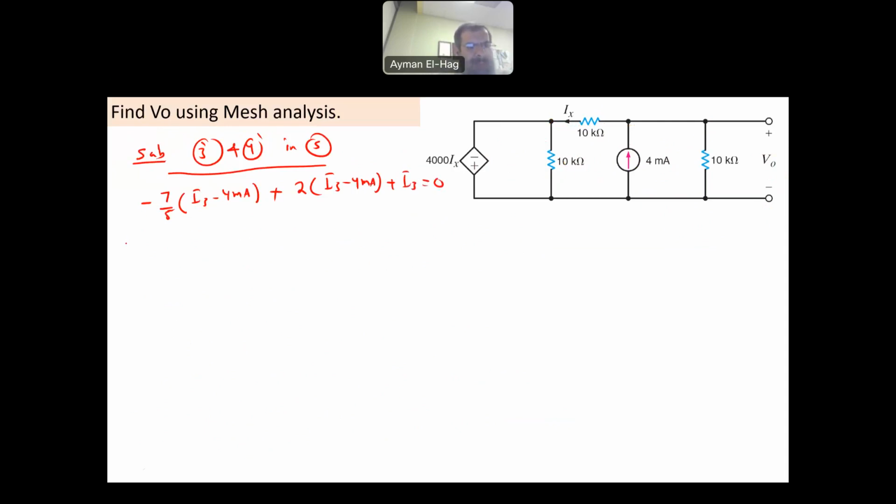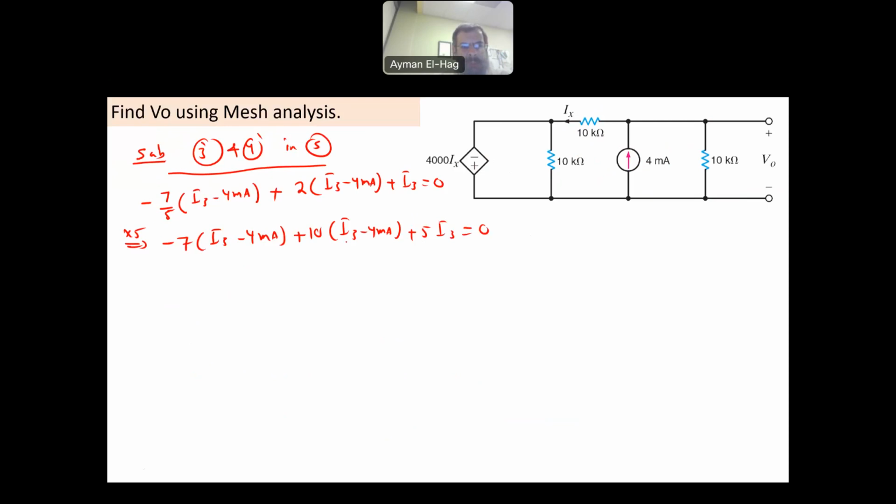Let me multiply everything by 5 to get rid of the 5. It becomes minus 7 times I3 minus 4 milliamp, plus 10 times I3 minus 4 milliamp, plus 5 I3 equal to 0.